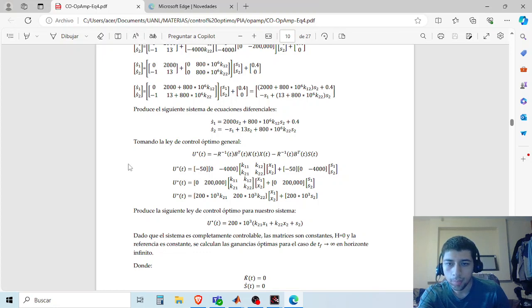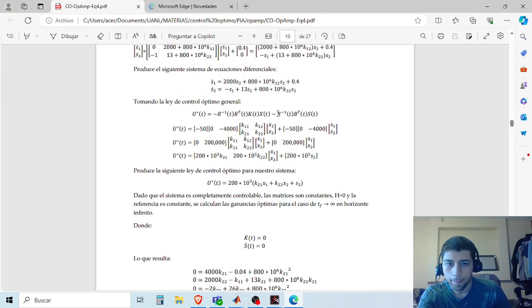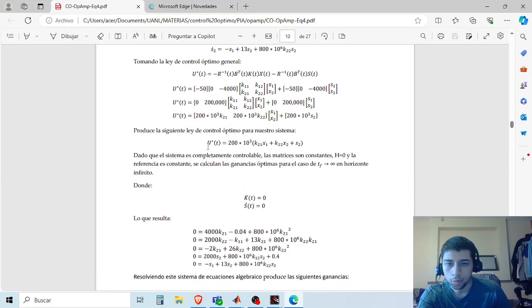And the optimal control law in its general form is the following. We take the inverse of R, the transpose of B, we multiply the K matrix, and that multiplied with the X values, the state values, and then we subtract the same inverted R value times the B transposed times the S matrix, the reference matrix, and we solve for U, which gives us the following control law.